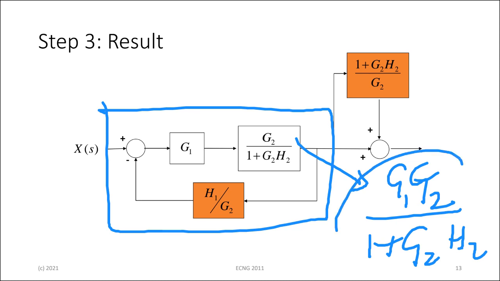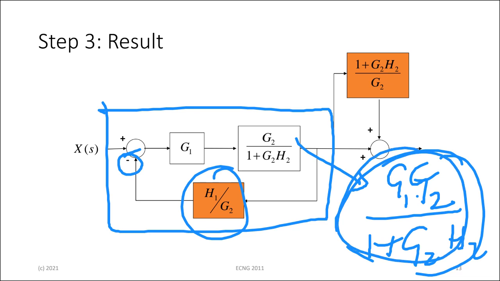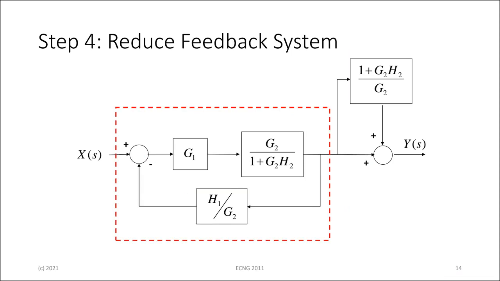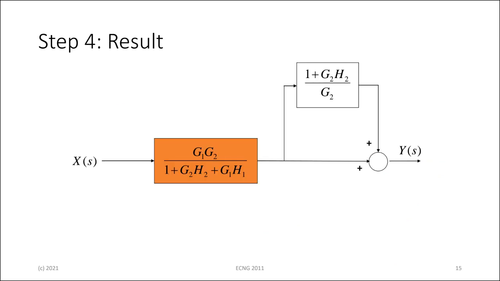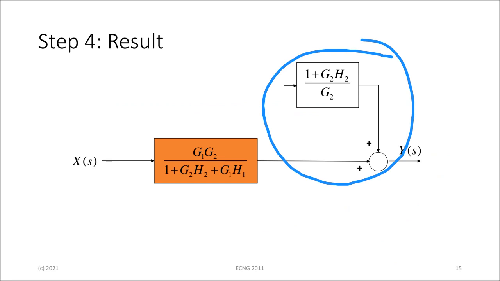It's a negative feedback block, so it's going to be this over 1 plus this times this again. Combine them up, and this is what you have here. So we're almost home. What about this now? What does that look like?